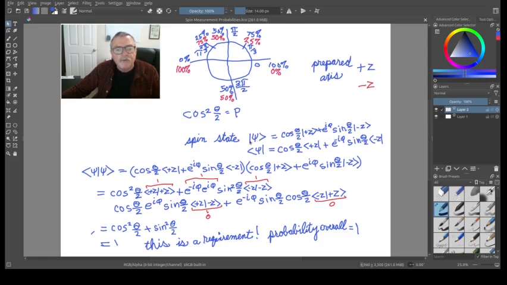Now, if you've got a ket and it's part of a bracket, then I guess you need a bra. Here's a ket, here's a bra, and the two things together make a bracket. We'll look at that in just a second, but let's see what the difference is. Cosine theta over 2, bra plus z, and e to the minus i phi.